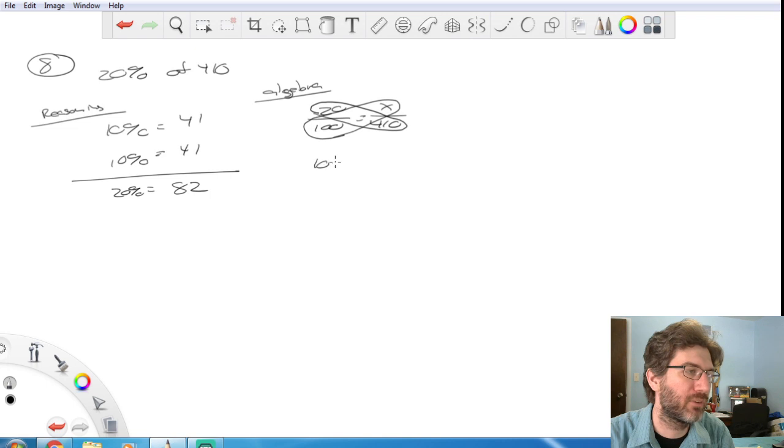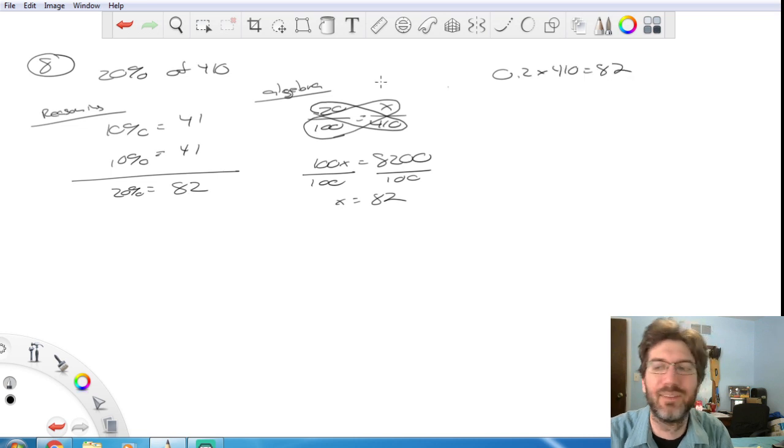It's not impossible to do, I think it takes more thinking. Of course, this takes a lot of thinking too. And I don't know, what is 20 times 410? Apparently, it's going to be that. Divide that by 100, divide that by 100, x equals 82. Over here, you can just do 0.2 times 410, which is going to give you 82.